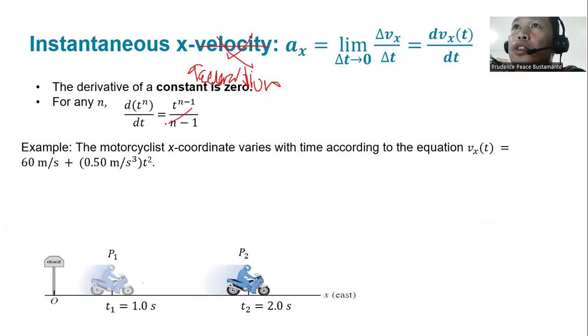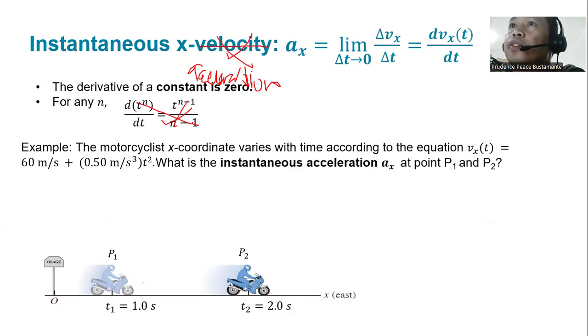So this is also not the formula. The formula here is n t to the power of n minus 1. Say for example, you have this motorcyclist.